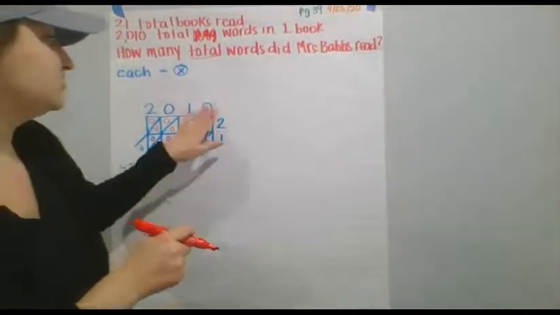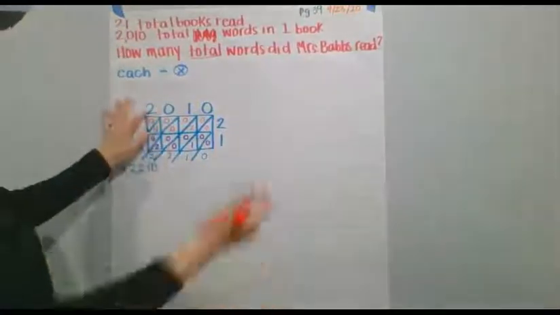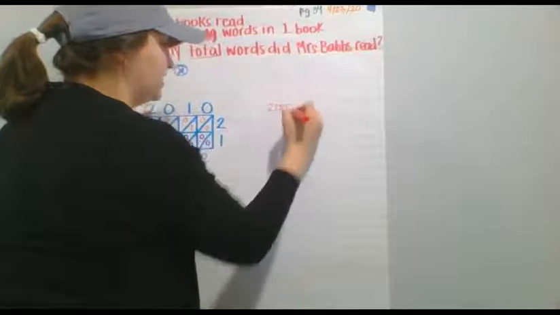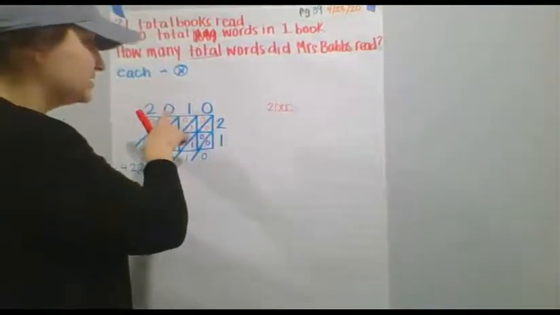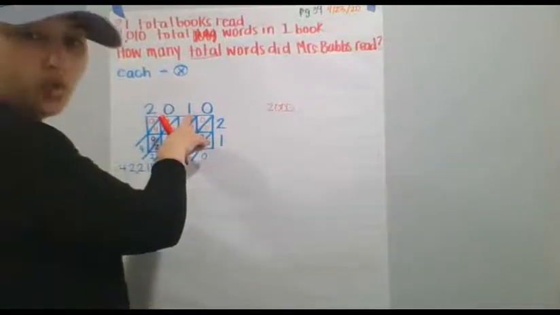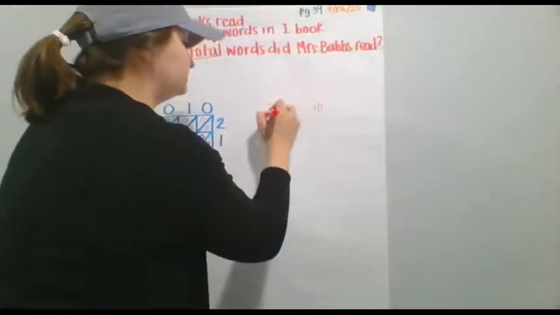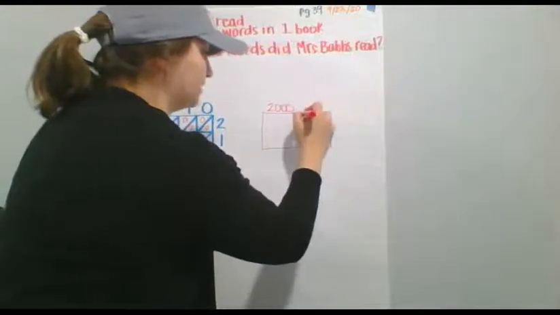So I'm going to take my 2010 and break it apart into its place values. I would start with 2000 because the 2 in the thousands place represents 2000. I don't have to represent these zeros, but I do have to represent this 1. The 1 is in the tens place, which represents 10.